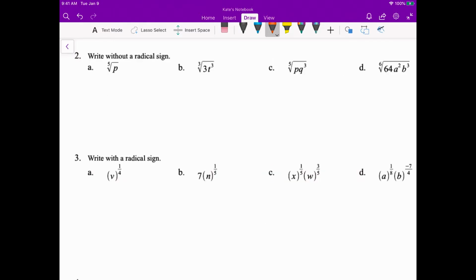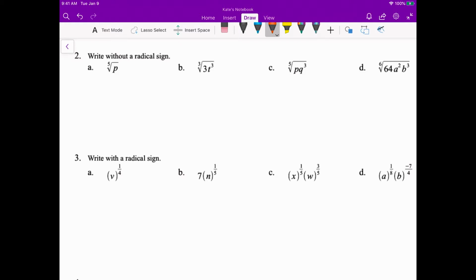Going ahead and looking at 2b, we want to write this without a radical sign. The radical here is a cubed root. A cubed root is the same thing as a power of 1/3, so everything under the radical is going to get a power of 1/3.